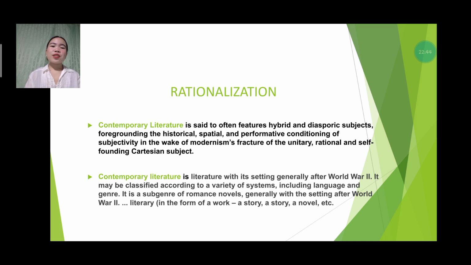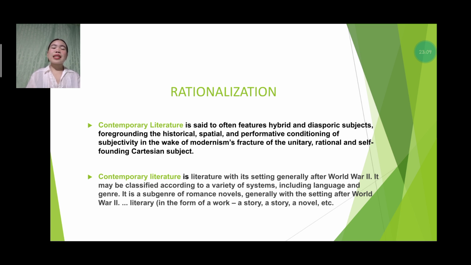For the rationalization, contemporary literature is said to often feature hybrid and diasporic subjects, foregrounding the historical, spatial, and performative conditioning of subjectivity in the wake of modernism's fracture of the unitary, rational, and self-founding Cartesian subject.